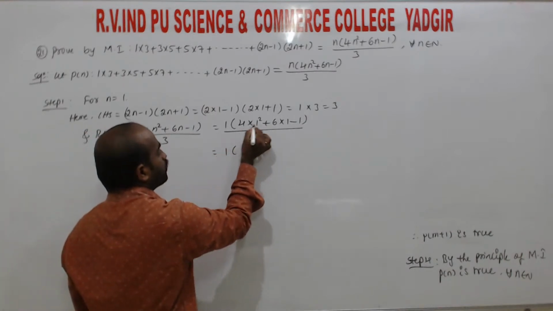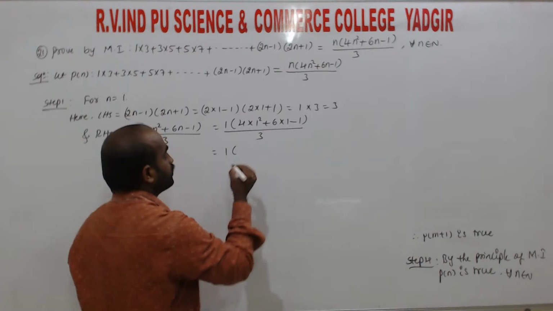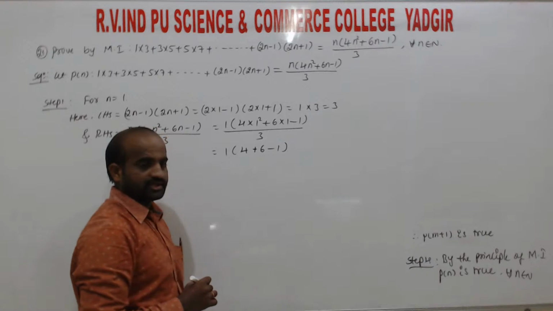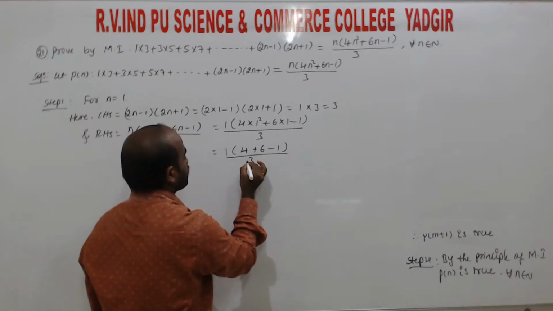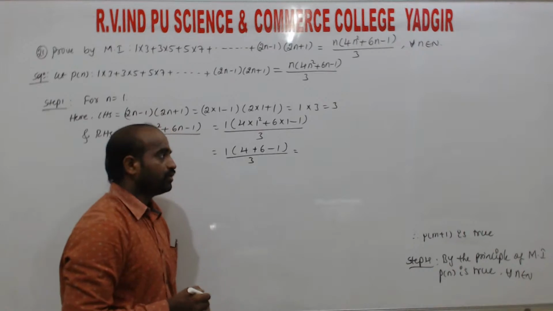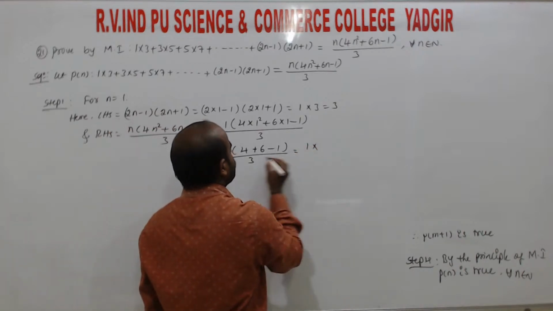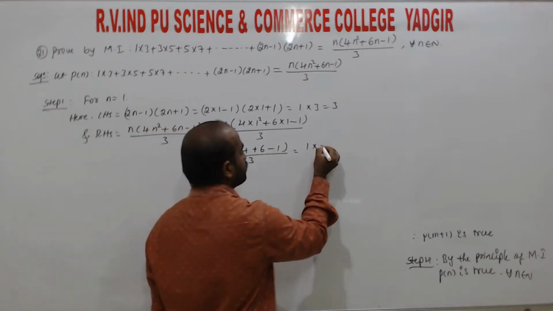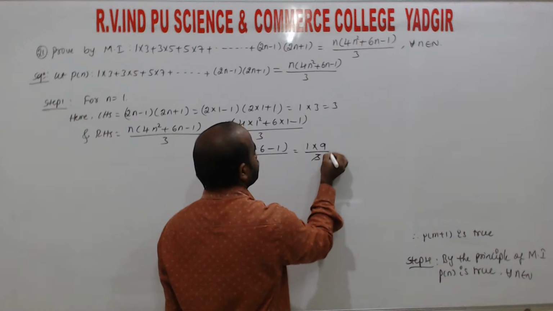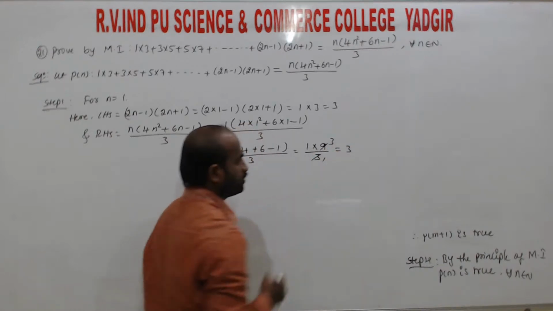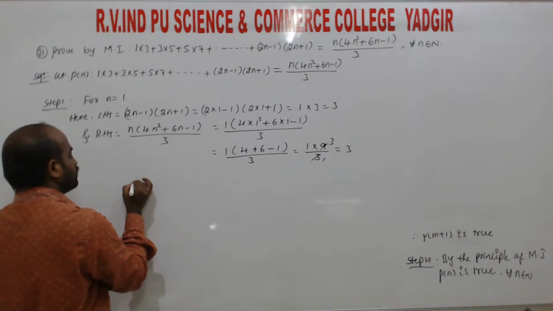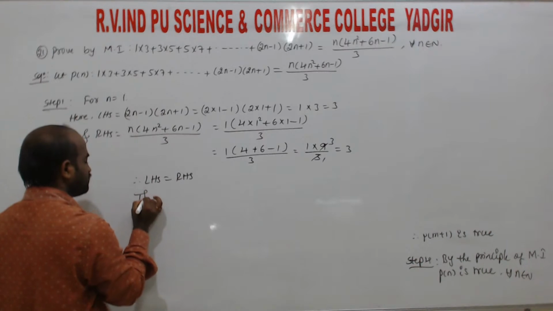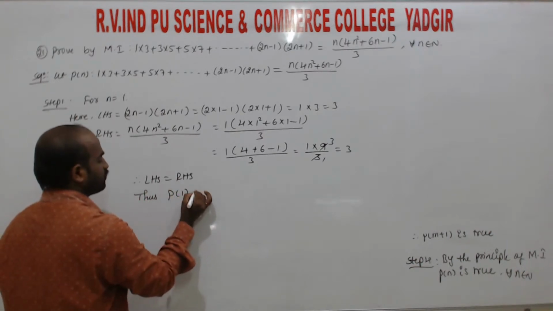Okay. 1 into 4 into 1 square is 4, 4 into 1 is 4, plus 6 minus 1. 6 into 1 is 6, divided by 3, equal to 1 into 4 plus 6, 10. 10 minus 1 is 9, divided by 3. 3 into 3 equals 3. Okay. Therefore, LHS is equal to RHS. Thus, P of 1 is true.